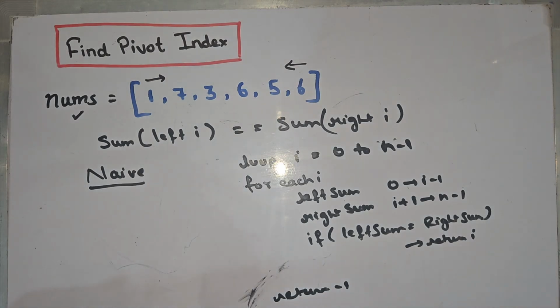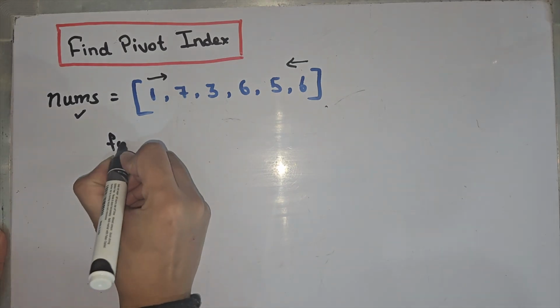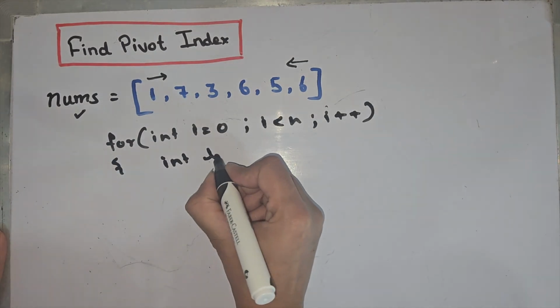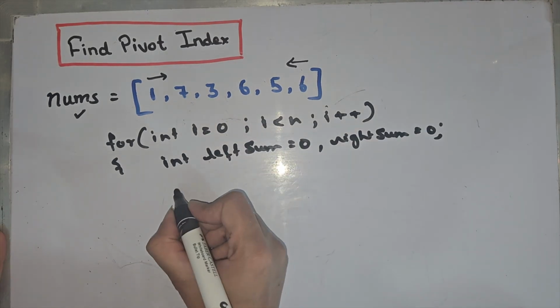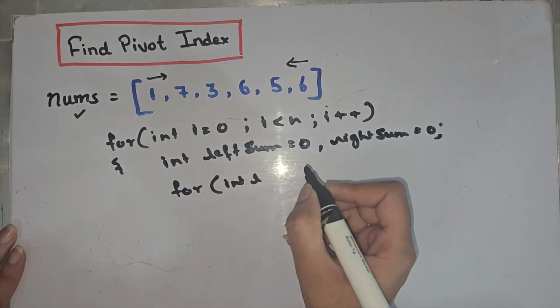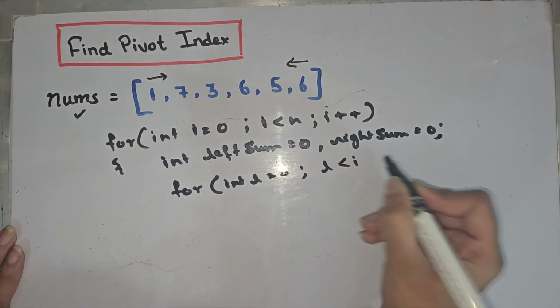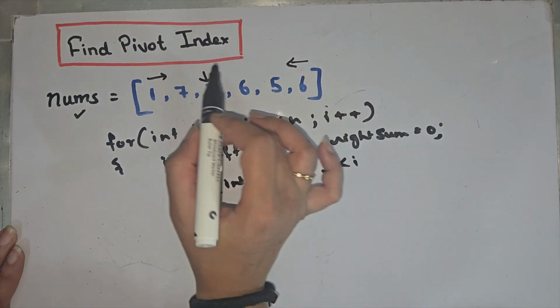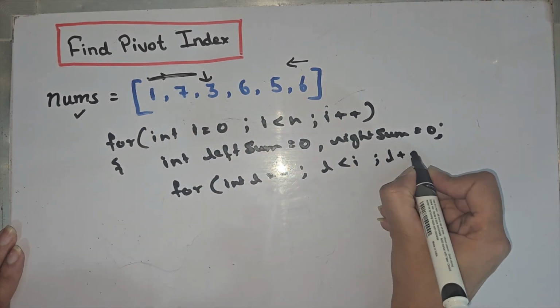Let's see how we can code this. For coding it, we will have a for loop. We will have a left sum variable and a right sum variable. We will run a loop with l as the loop variable, l equals 0 to l less than i, because let's say l is here, we need the sum of the left elements, l plus plus.